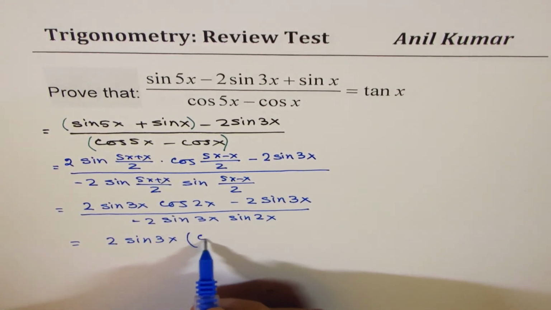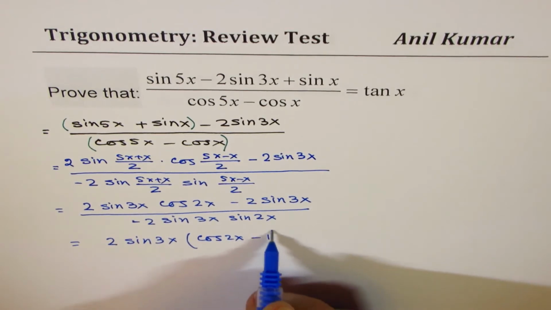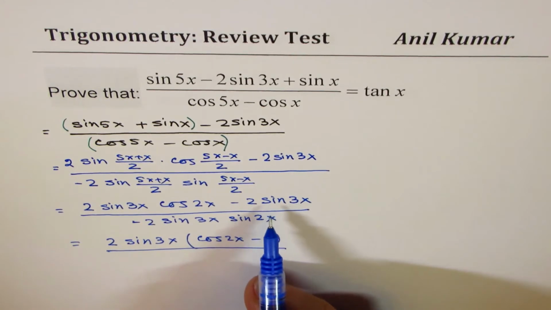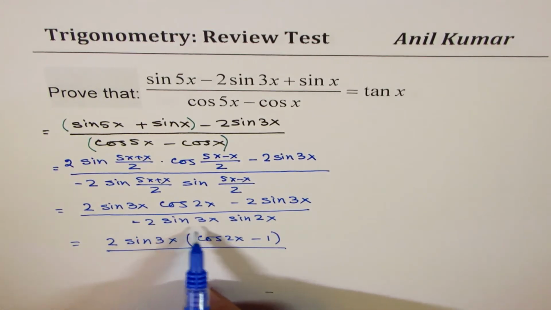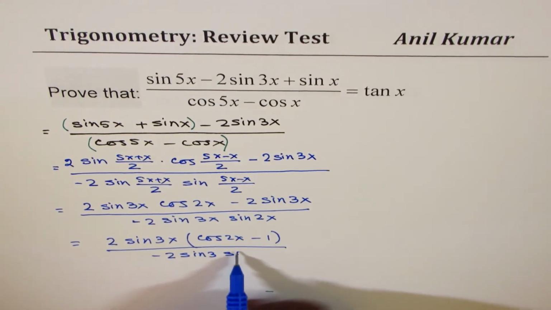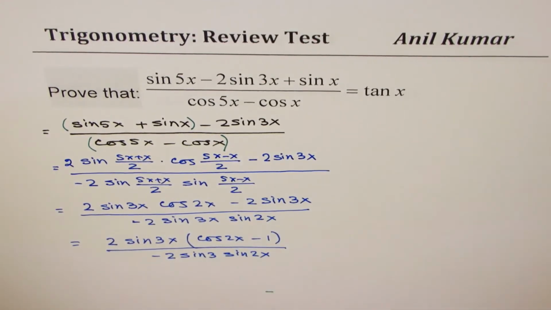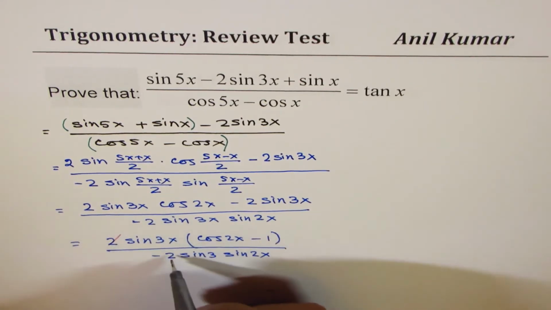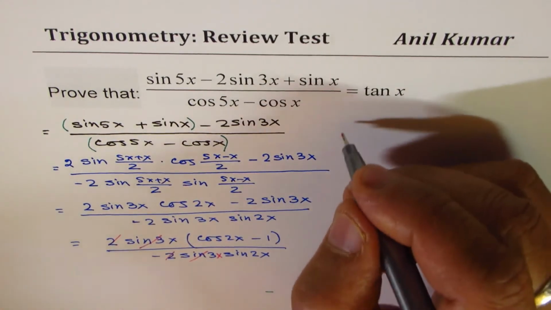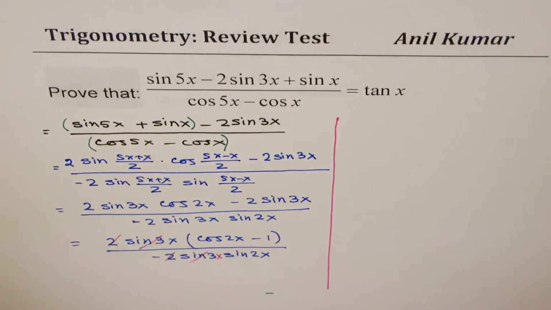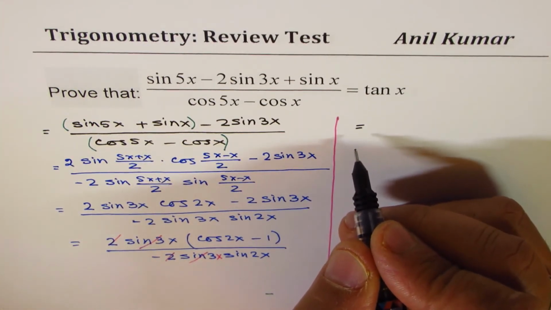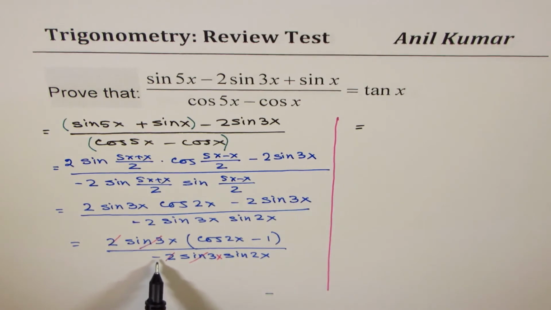We are left with cos 2x minus 1 divided by minus 2 sine 3x sine 2x. Correct. Now at this stage we can cancel the 2's, and we can also cancel sine 3x with sine 3x. So let me take it to the right side to further simplify. What we get here at this stage is a negative sign. Correct.